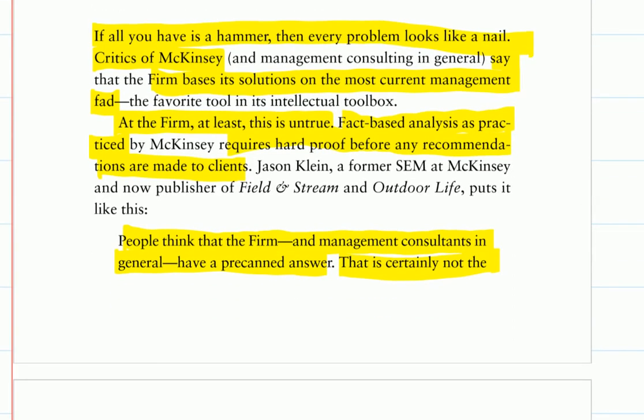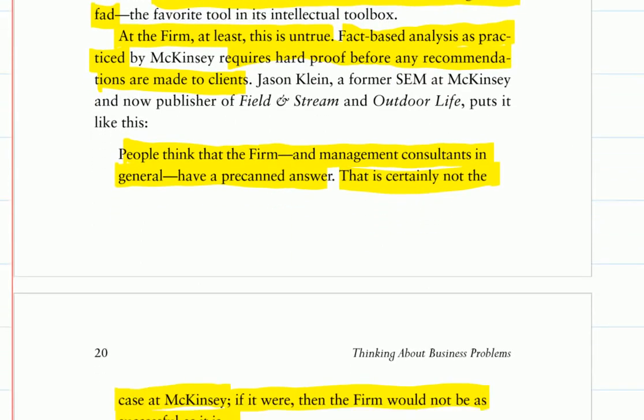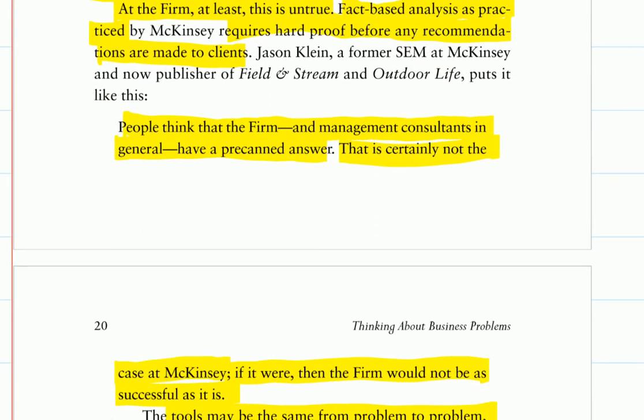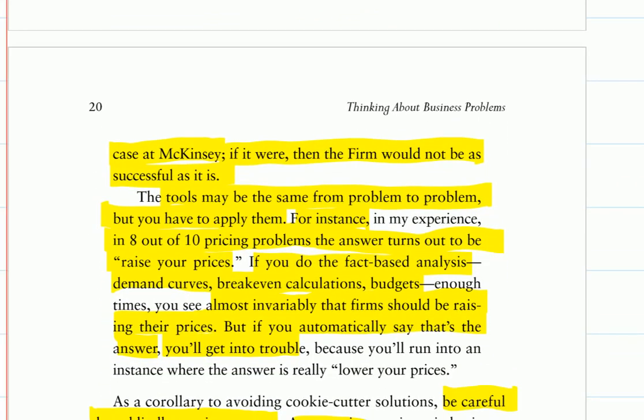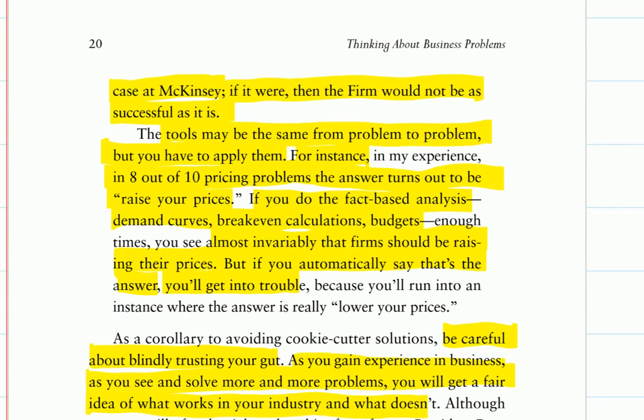So before any recommendations are made, hard facts have to be present. People think that the firm and management consultants in general have a pre-canned answer, that they know this is going to be the answer, but this is not the case with McKinsey. If it were, then McKinsey wouldn't have been the most successful strategy firm ever. The tools may be the same from problem to problem, but you still have to apply them.